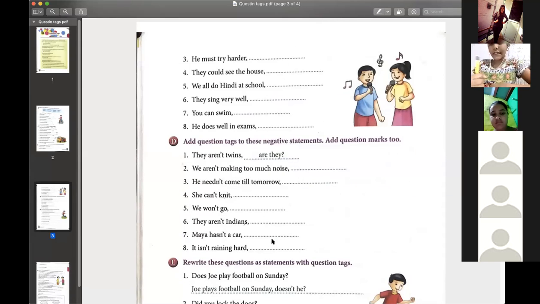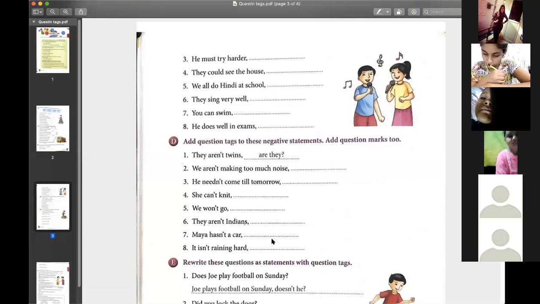Question D says these are the negative words and you have to form positive question tags. Let's see the fifth one. We won't go. With the fifth one, not the sixth one.